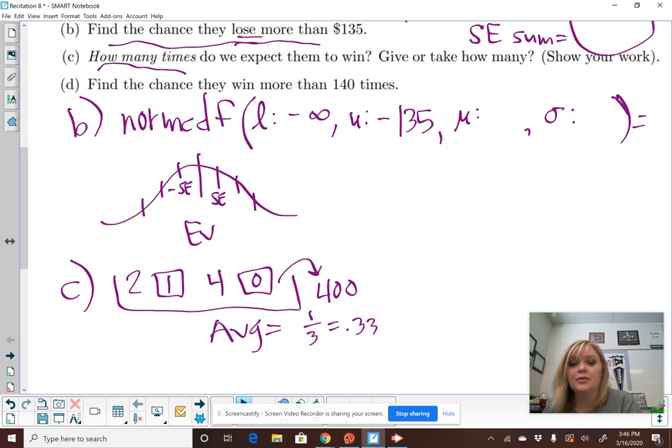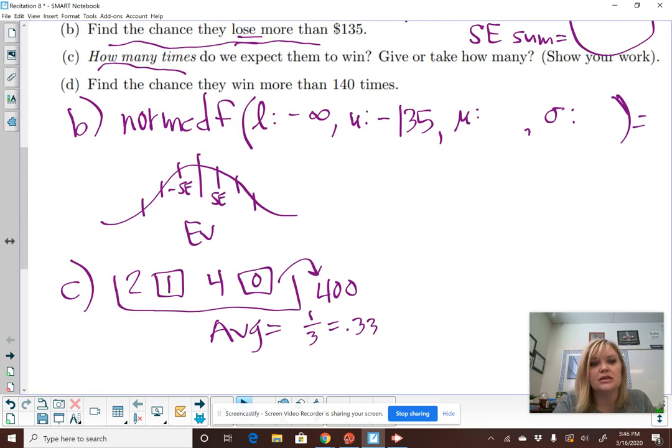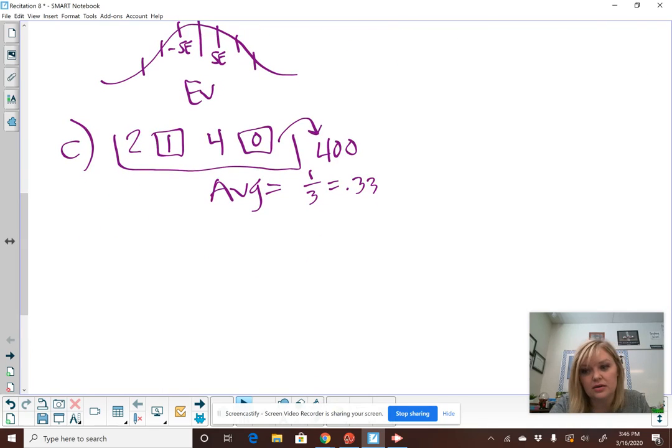That will help you find the EV sum. And then remember, for the SE sum, you do need to put these numbers in a list and find the SD of the box. And then that will help you find the SE sum.